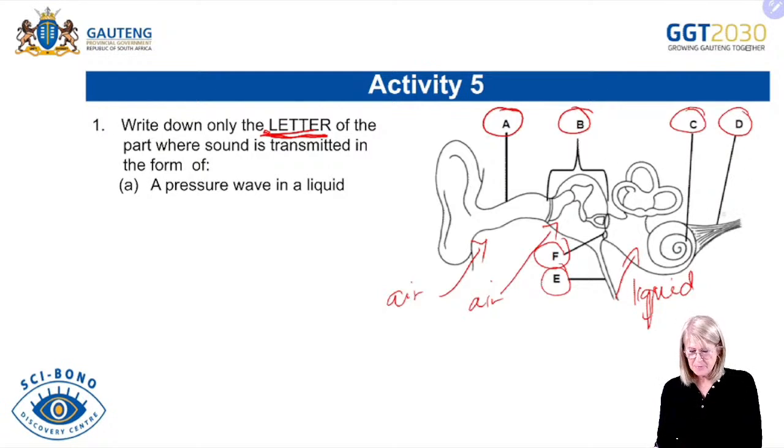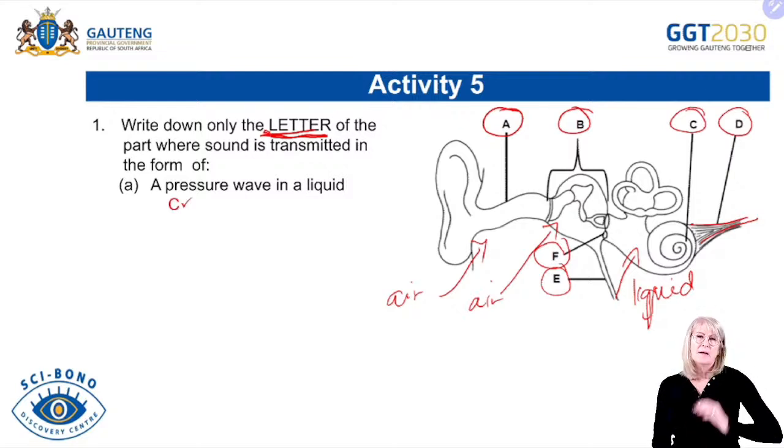If we remember, this structure here is the nerve, so that isn't where the pressure wave is going to be, so it must be C. So we can very easily work out our answer. If we're not even sure of it, we can work it out by process of elimination.